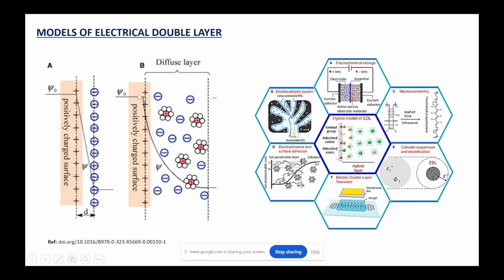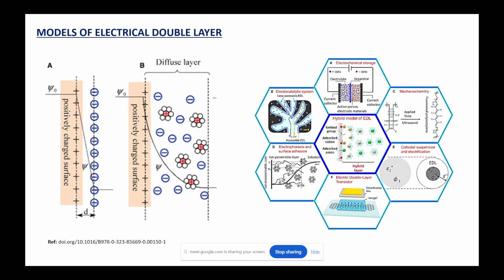These two layers together look like an electrical double layer, and the ions are separated by the solvent molecules. Since these solvent molecules are very small, the distance between the positively charged and the negatively charged layer is also very small, and this leads to high capacitance, which is required in a capacitor.